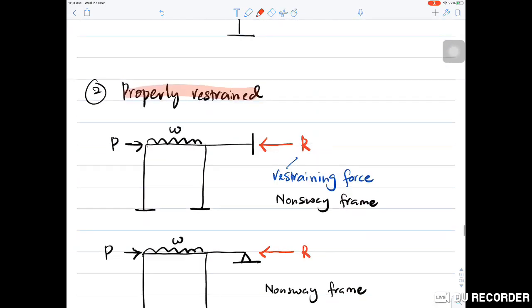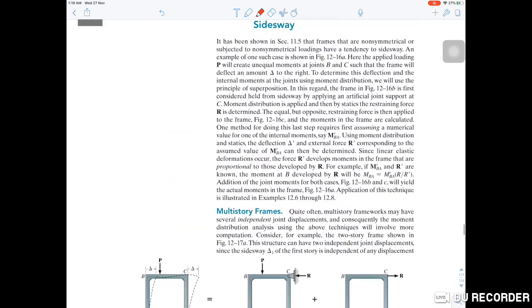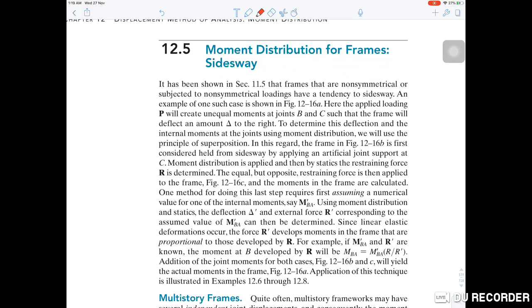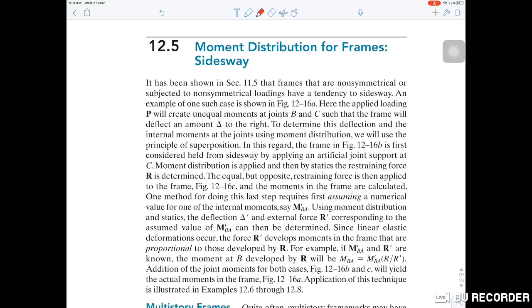Okay, now I want to discuss this under subtopic 12.5, moment distribution for frame with sidesway. I want to explain this because this is the textbook that is used in many universities around the world.